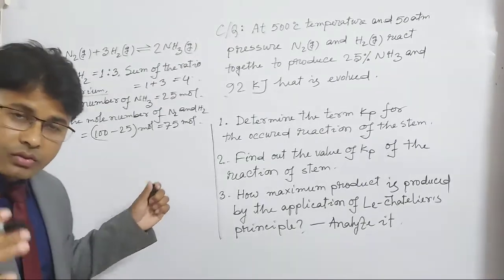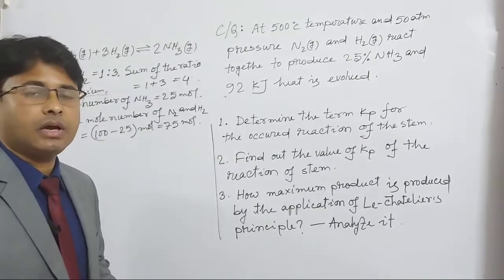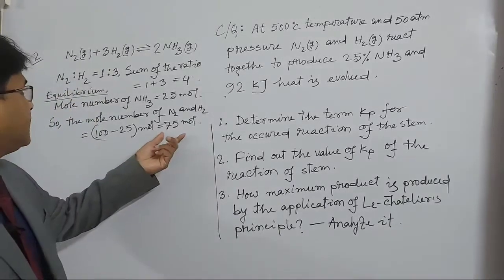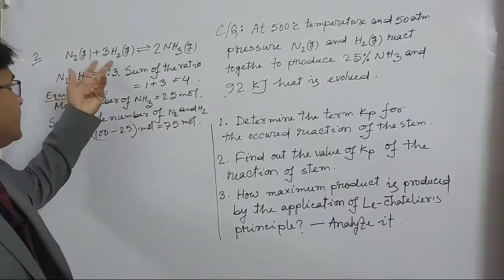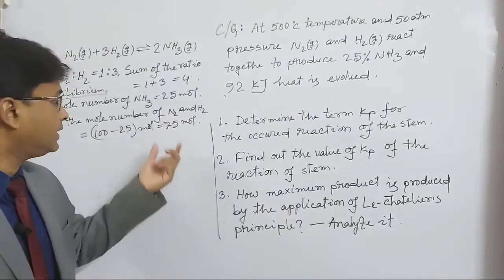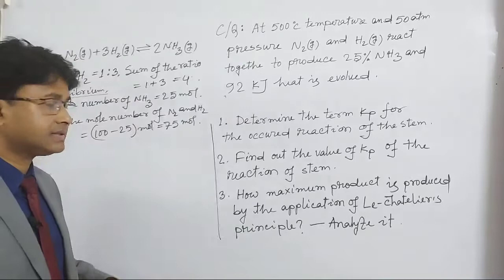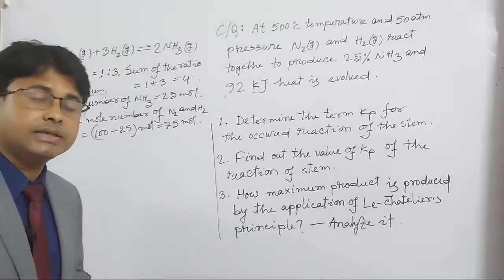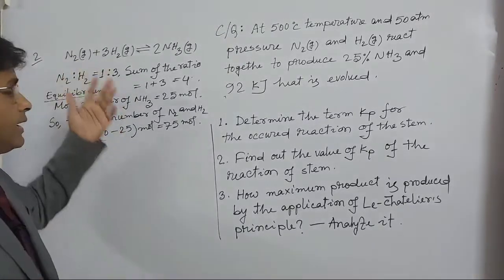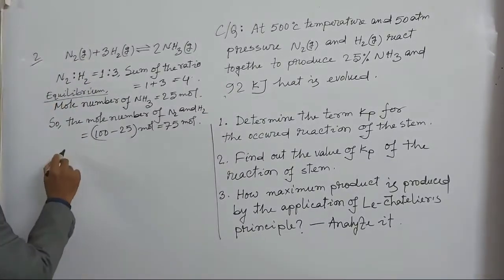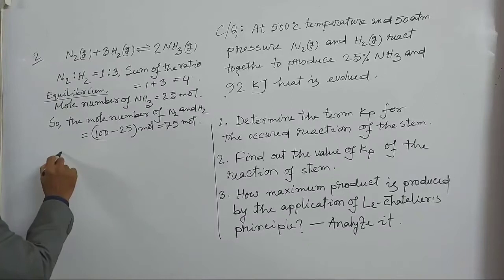Now my question: how can you understand which will be the mole number of nitrogen and the mole number of hydrogen among 75 moles? Yes, dear students, I can calculate the mole number of nitrogen and hydrogen separately by calculation.